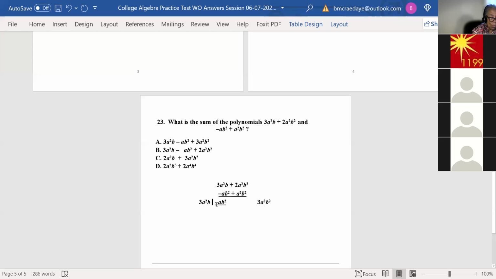Okay, so let's take the underline out, and this is plus, because we added this. Bring this closer so you see this is a plus.